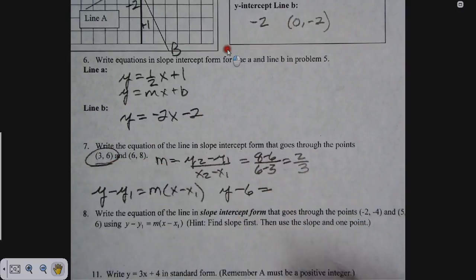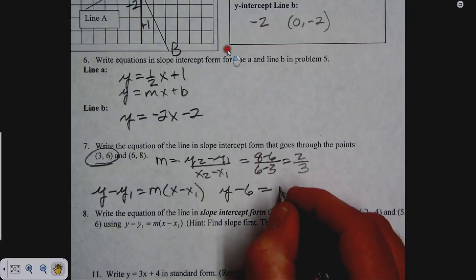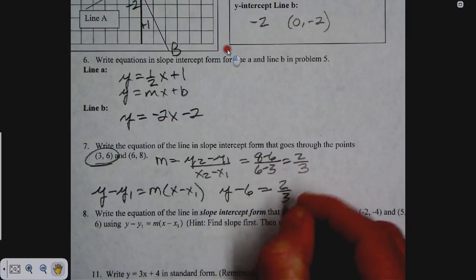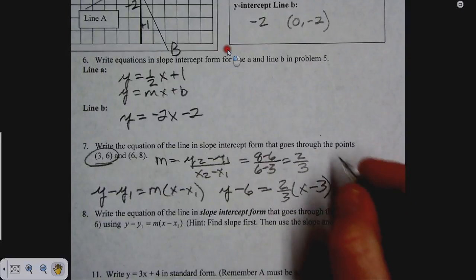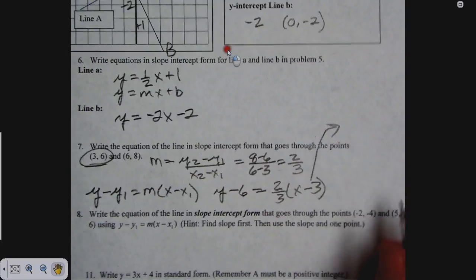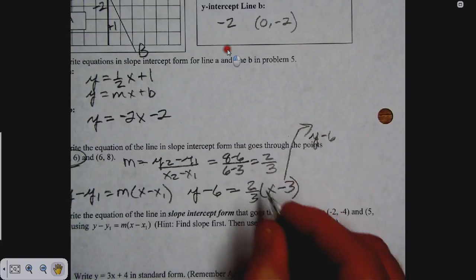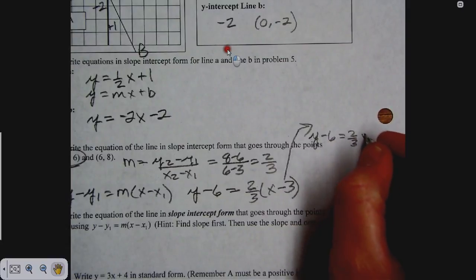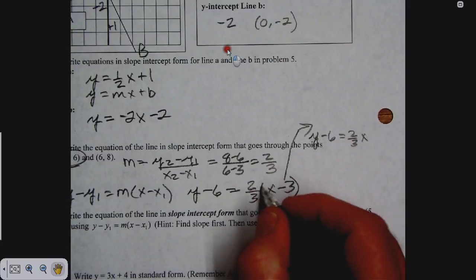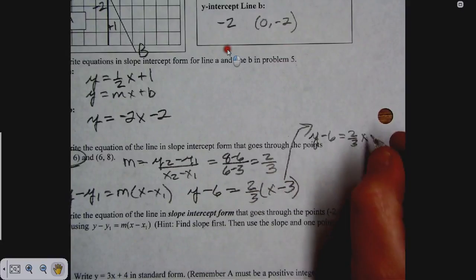So this point. And so I get y minus 6 equals m, which is 2/3, times x minus 3. So I'm going to move up here, give myself a little bit more room. So here I'm going to get y minus 6, with the distributive property, equals 2/3 x minus 6 over 3, or minus 2.